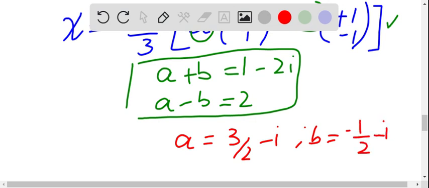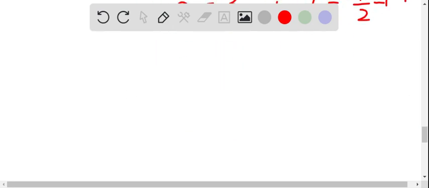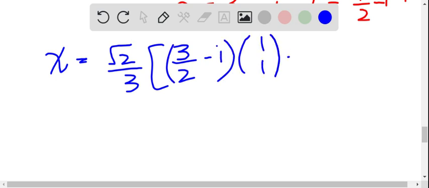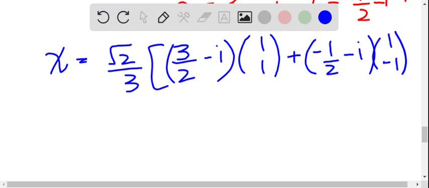So now we are going to plug these values back over here, so that we have chi is equal to root 2 divided by 3 times [(3/2 minus i)(1, 1) plus (negative 1/2 minus i)(1, negative 1)], right?